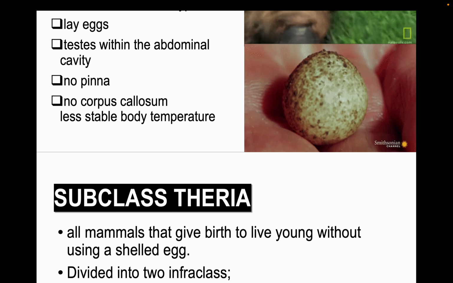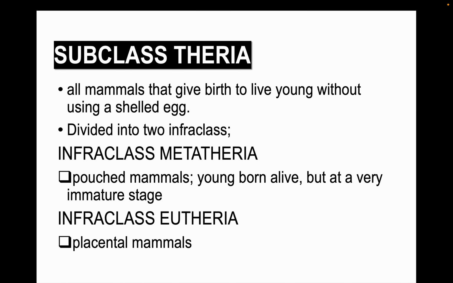Then we have the subclass Theria, mammals that give birth to live young without a shelled egg. Under Theria, there are two infraclasses. The Metatheria, the pouch mammals, the kangaroos, bear young alive, but the young are at a very immature stage.